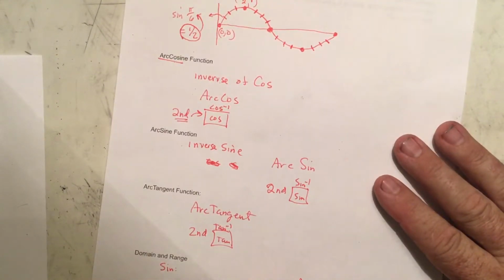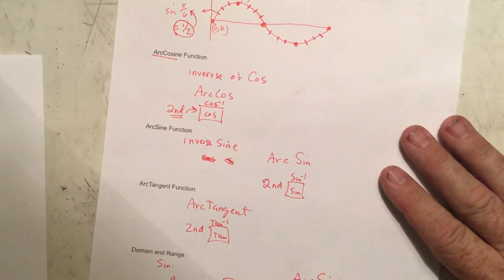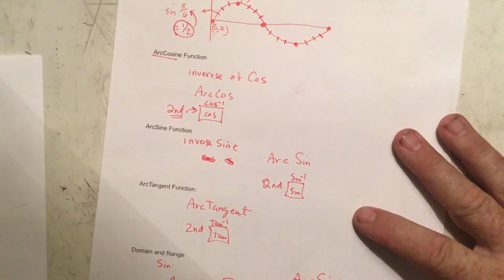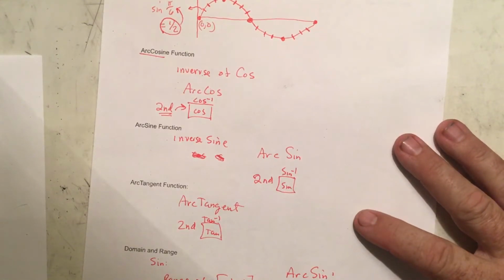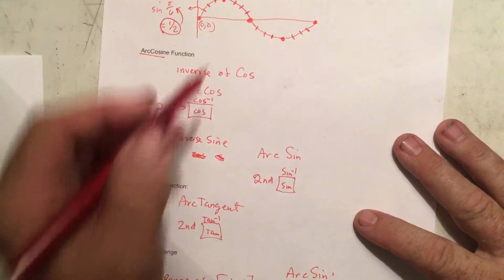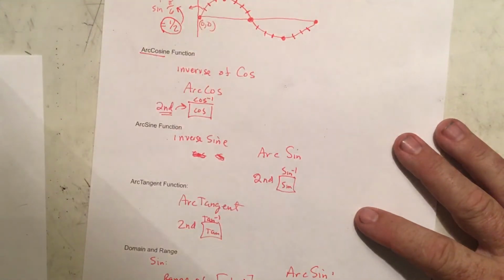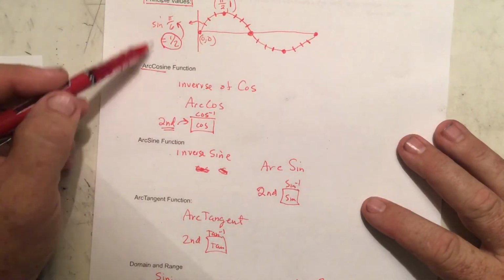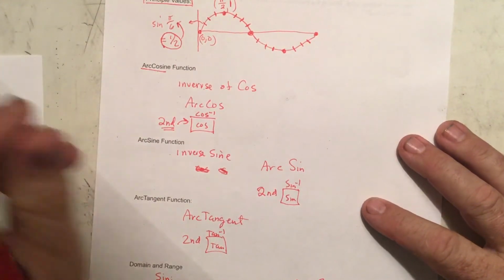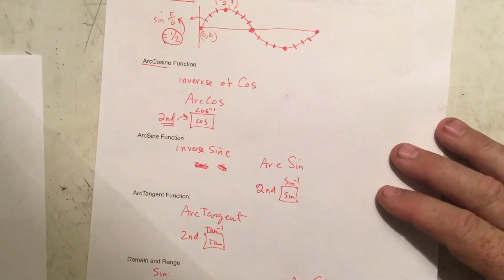But for our arc sine graph, the range becomes the domain. So our domain of the arc sine graph is -1 to 1. So these are all the possible values that I can use when I plug it in to find my actual angle or my actual radians. So these are just some vocabulary pieces that you guys can utilize.